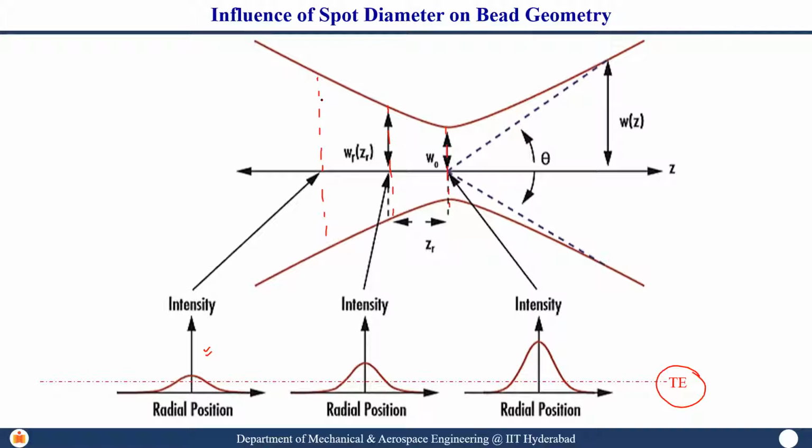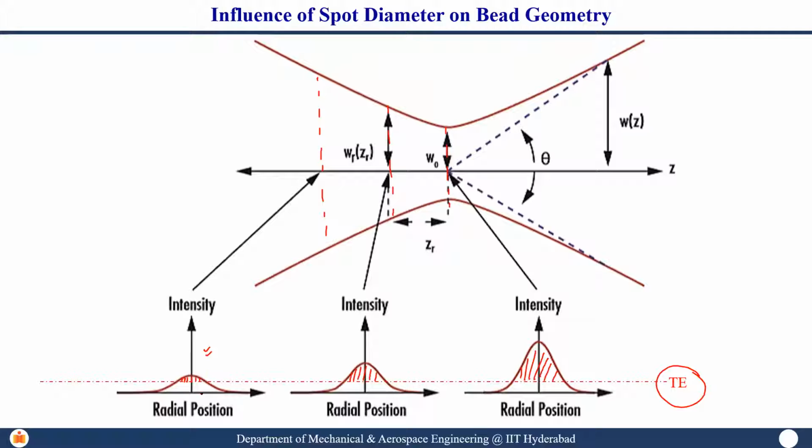Whenever you increase the beam diameter, because of this Gaussian nature, the amount of energy you have above the threshold value is only this much. You calculate the area and you will understand the value. At a smaller spot diameter, this is the energy above the threshold value, whereas here it is this much.